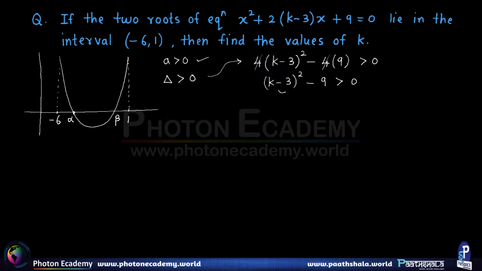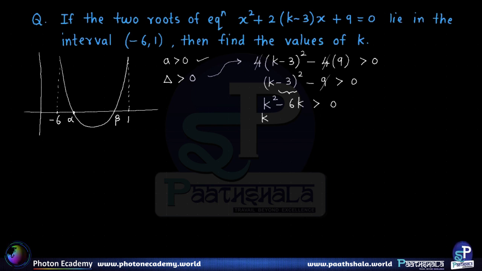Now if you observe, minus 3 when squared after opening the square will give us 9, which will get cancelled with 9. So we are left with k square minus 6k greater than 0, which gives us k into k minus 6 greater than 0.